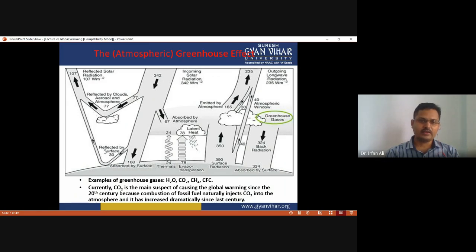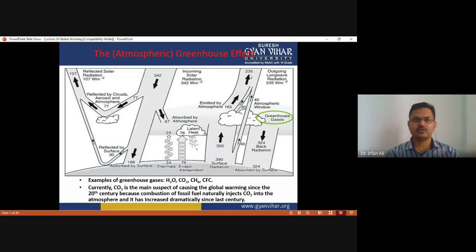In the next step, out of 67, approximately 78 is used for evapotranspiration through the ocean surface, approximately 44 is released as thermals, and approximately 350 as surface radiation, and 165 is emitted by the atmosphere.